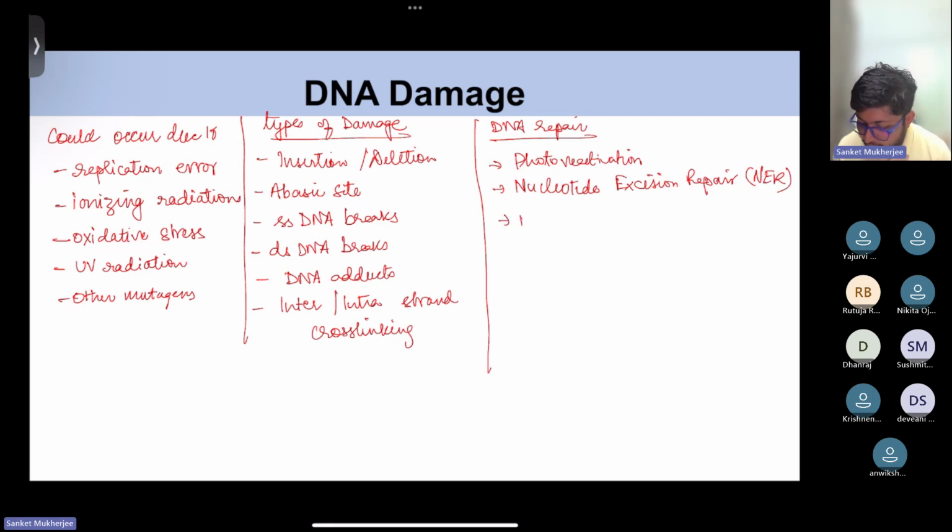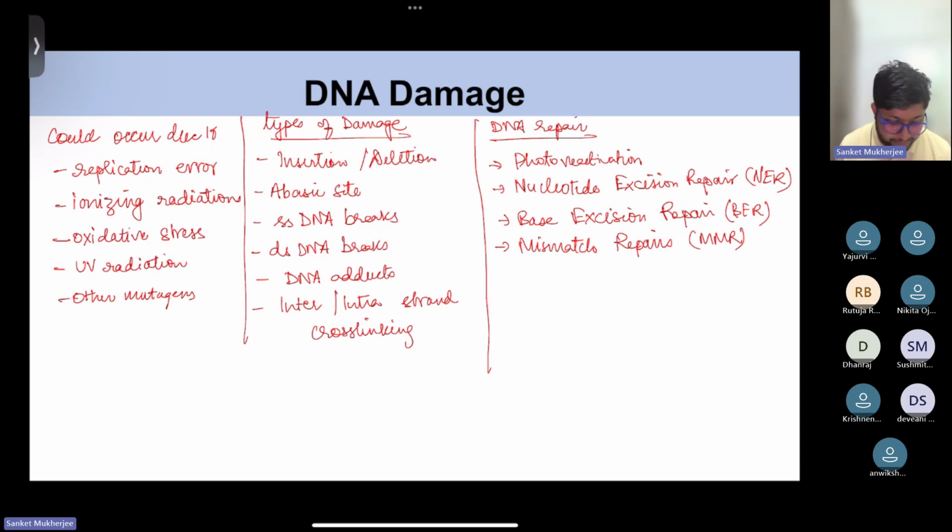There is base excision repair, also known as BER. There is mismatch repair, MMR. So there are various proteins which are involved behind all these repairs. We'll discuss about it. Then there is double-stranded break repair.